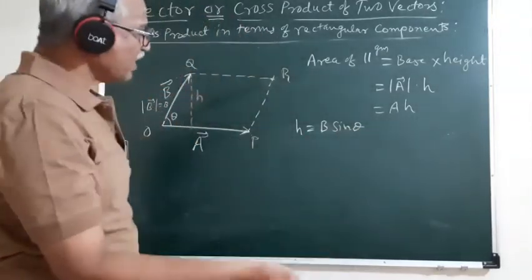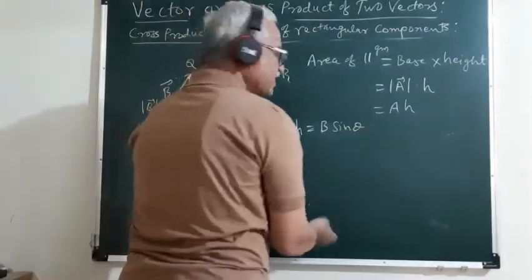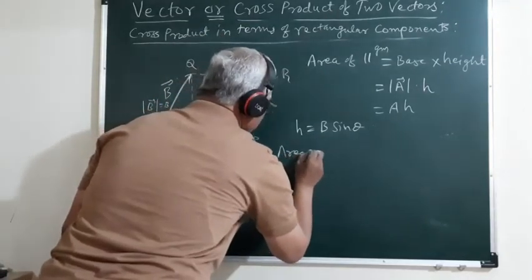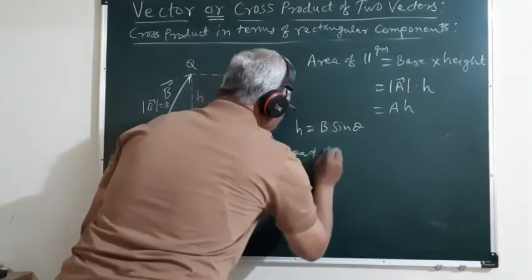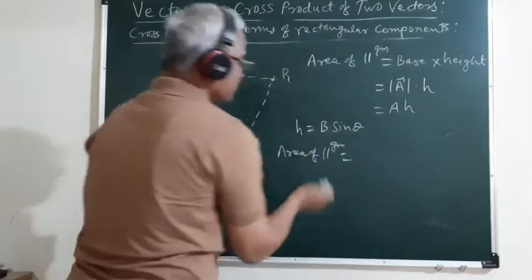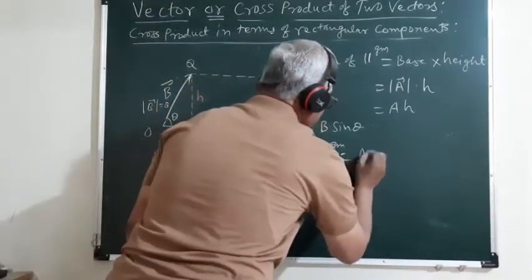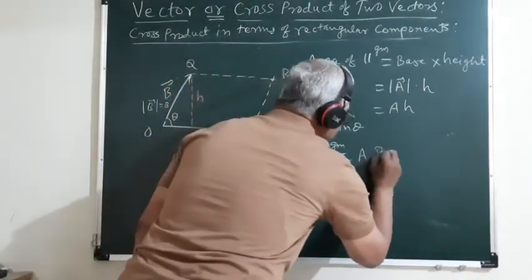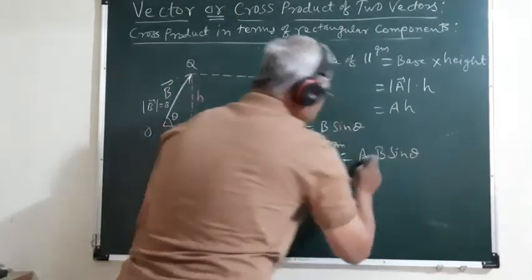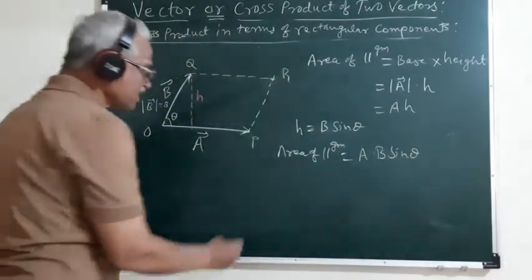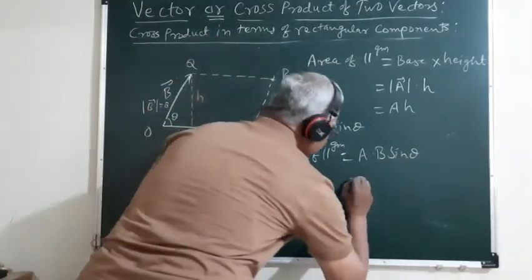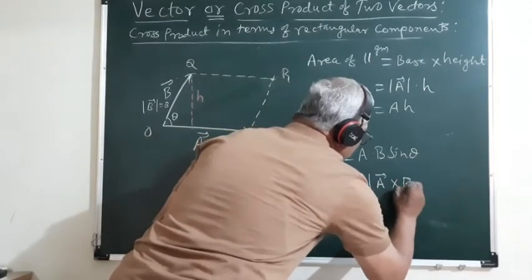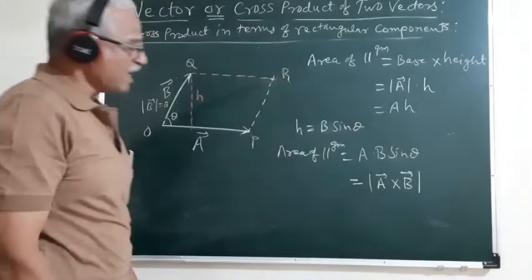So using the value of H as B sin theta, we get the area of parallelogram equal to A into H, which is replaced by B sin theta. So it is AB sin theta, and this AB sin theta we have seen is nothing but the magnitude of the cross product of the vectors A bar and B bar.